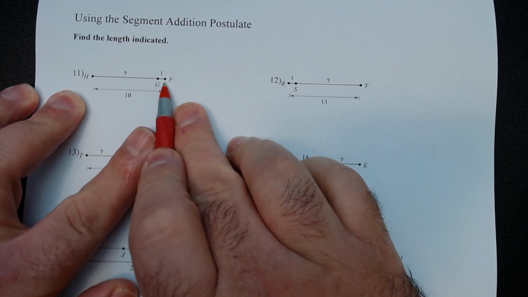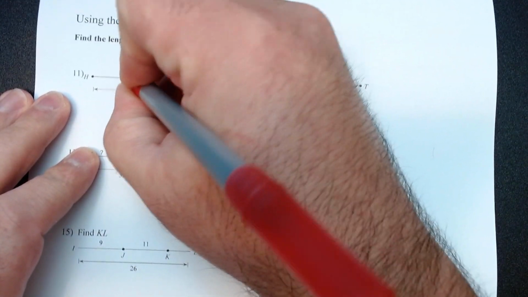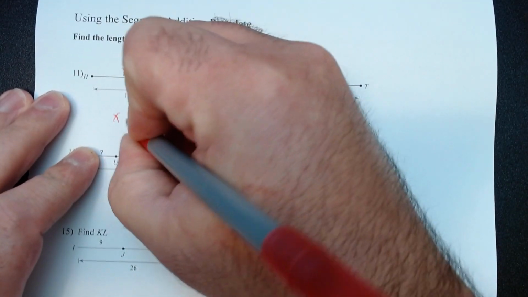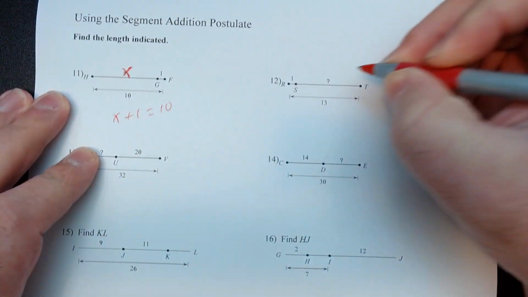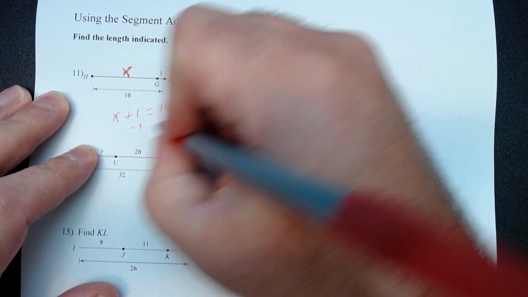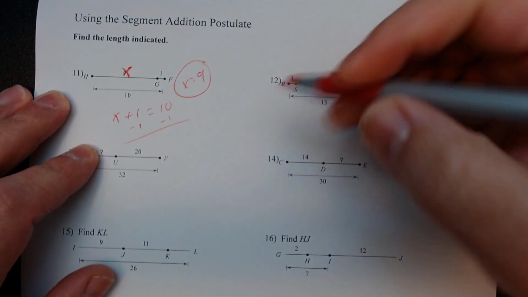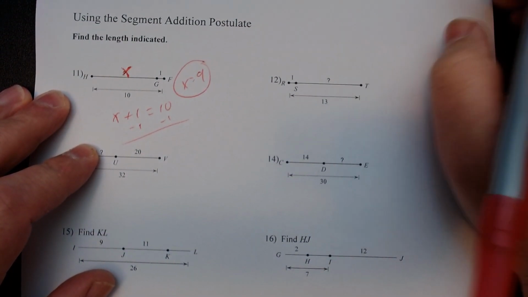And the right side from G to F is 1. You have to know to set up the problem like, if this is X right here, you'd be saying X and 1 is supposed to make 10. And you'd just be subtracting using the subtraction property. And you get X equals 9 for this first problem. So that's subtraction property right there.